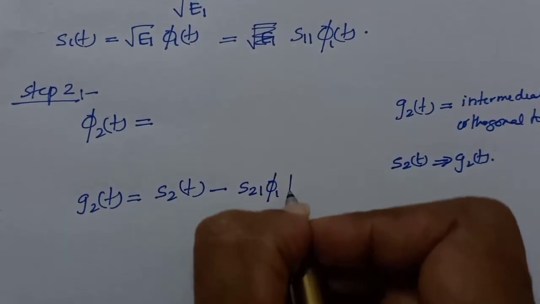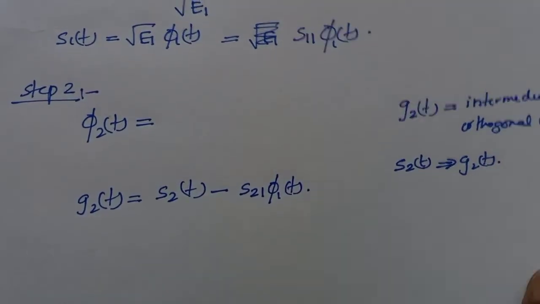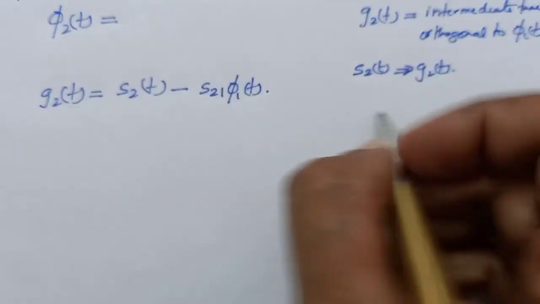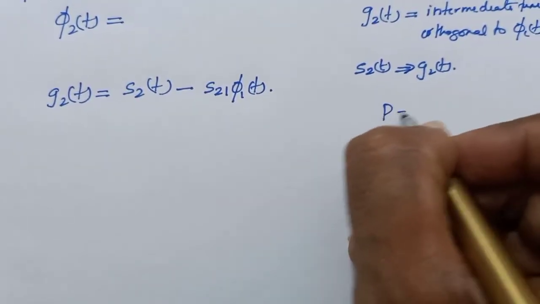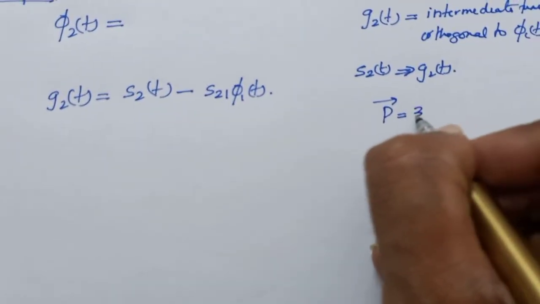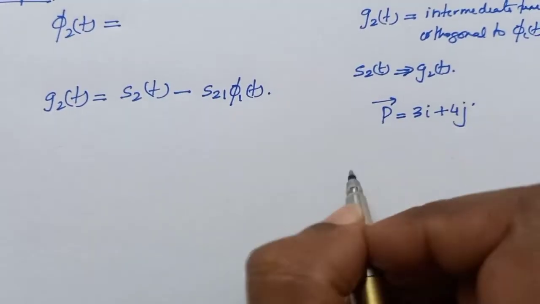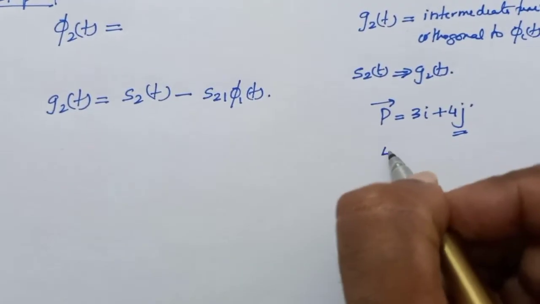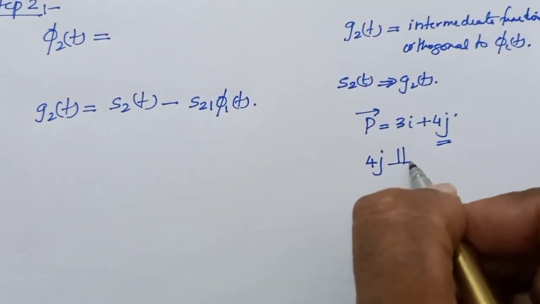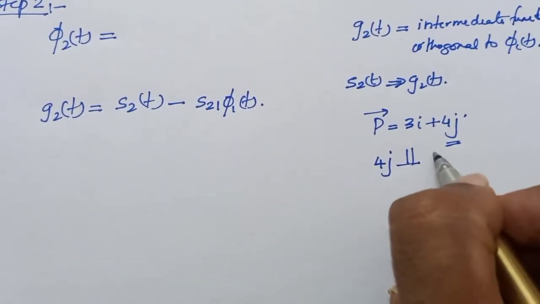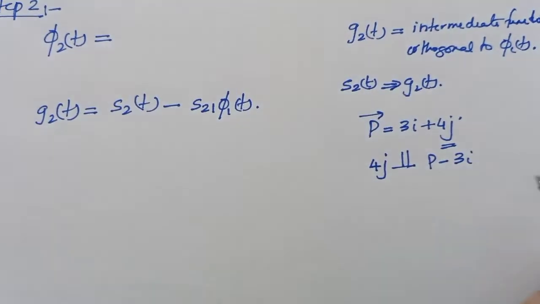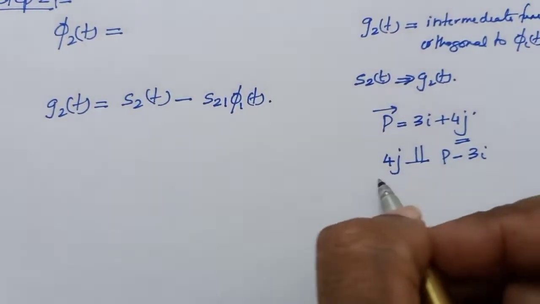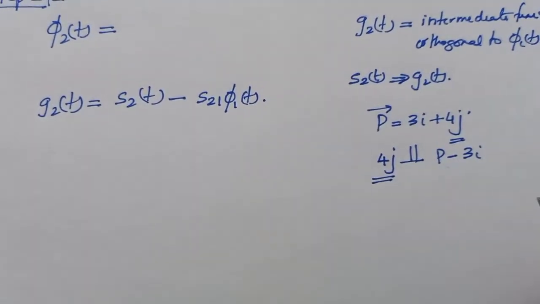S21 phi1(t). In the case of Euclidean space, for example, say the vector P equals 3i plus 4j. We need to find j. We can say that 4j is orthogonal to i, and is P minus 3i. So 4j is the intermediate function.